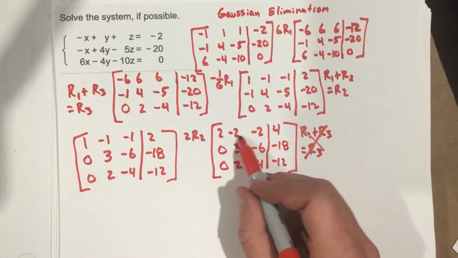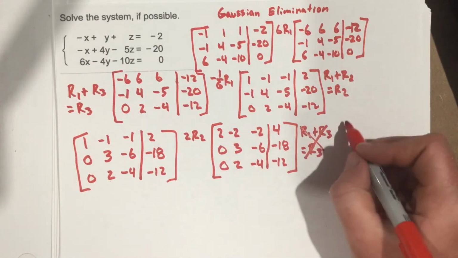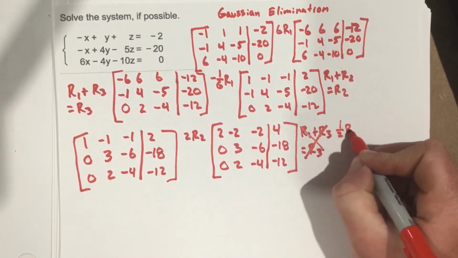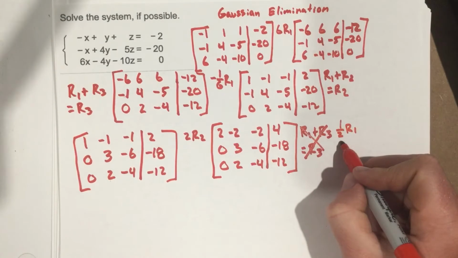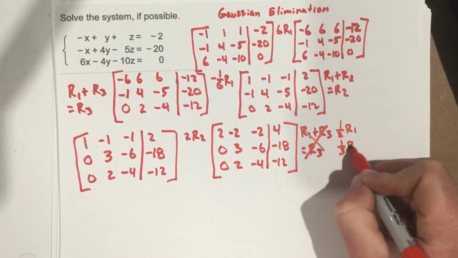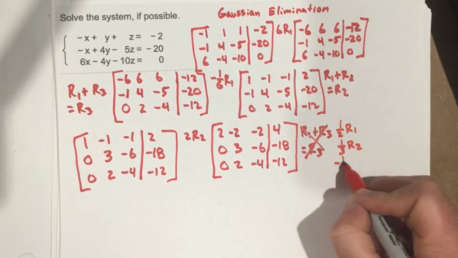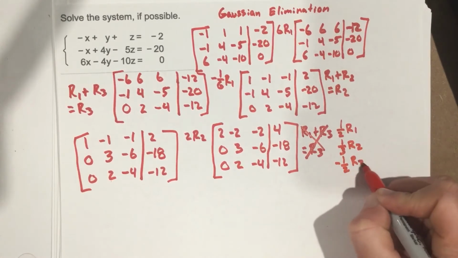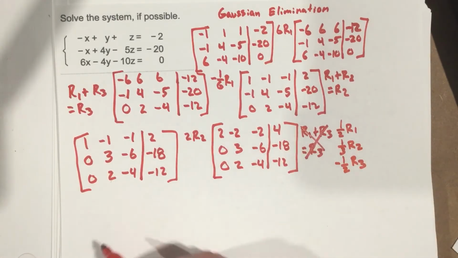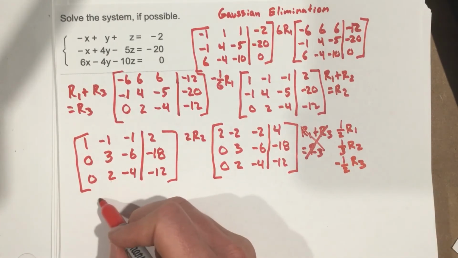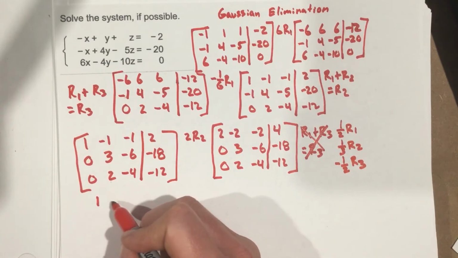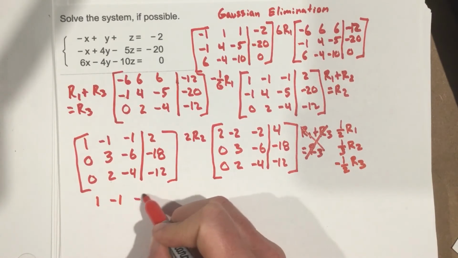And I'm actually going to multiply the top row by 1/2. So I'm going to go 1/2 R1. I'm going to go 1/3 R2. And I'm going to go -1/2 R3. That's just going to lower all these numbers down. So as I do that, I get 1, -1, -1, 2.